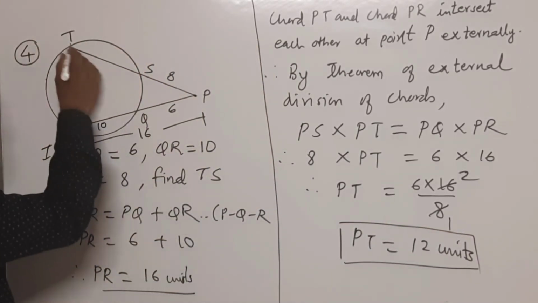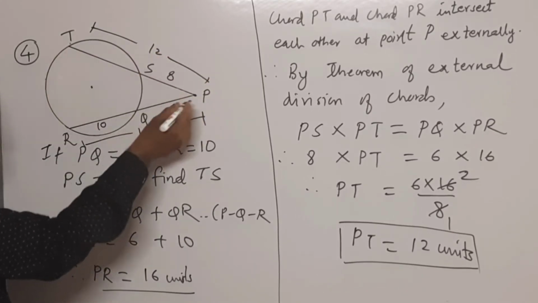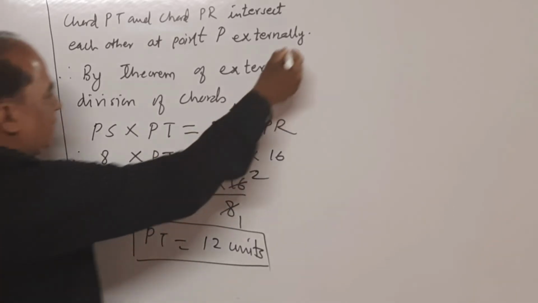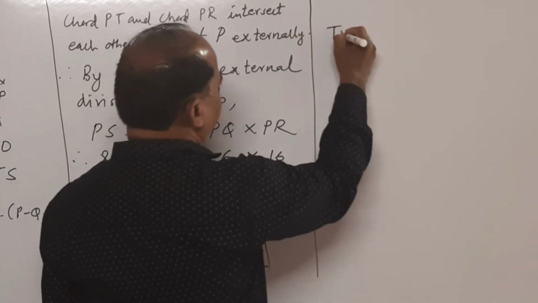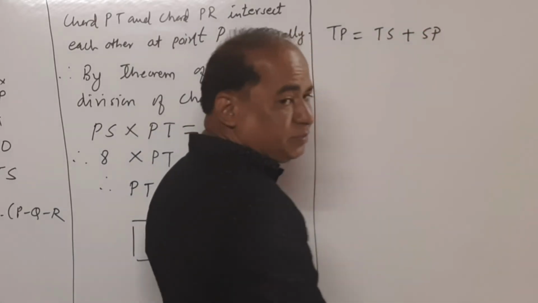We have to find TS. This complete PT is 12 units. So here TP is equal to TS plus SP.